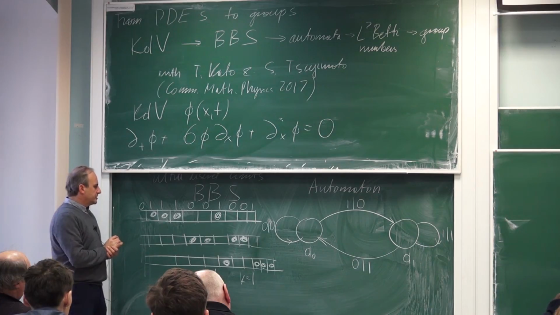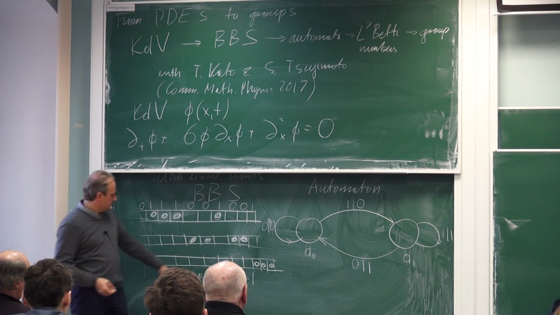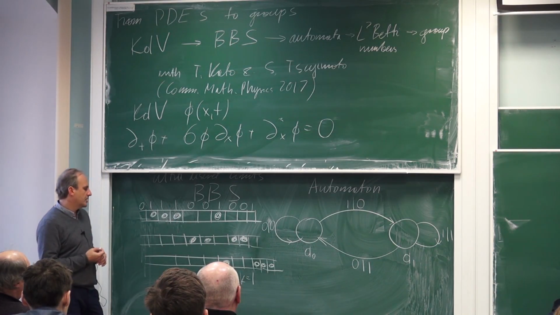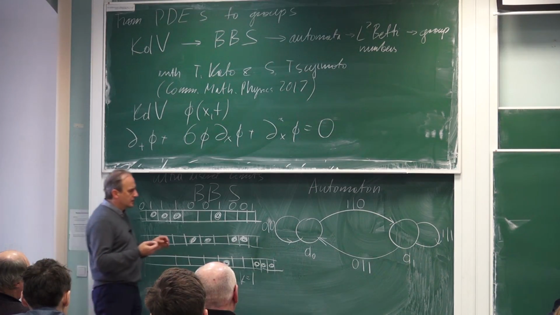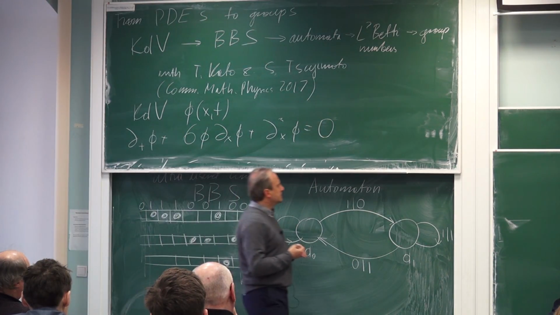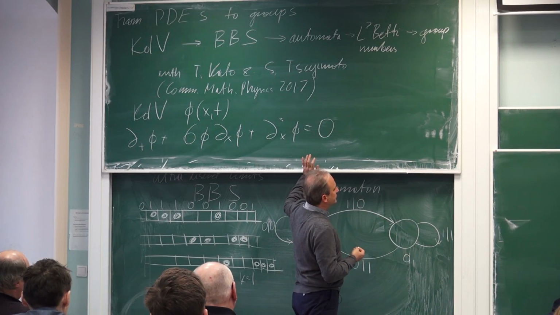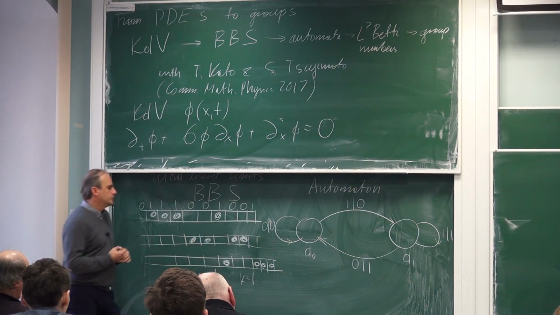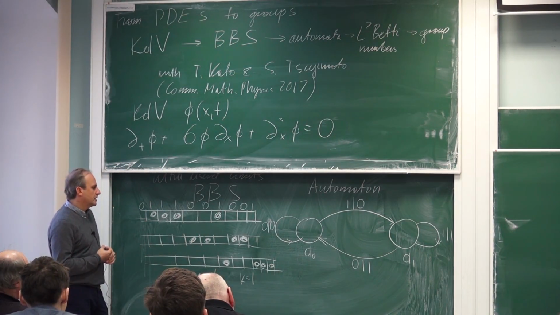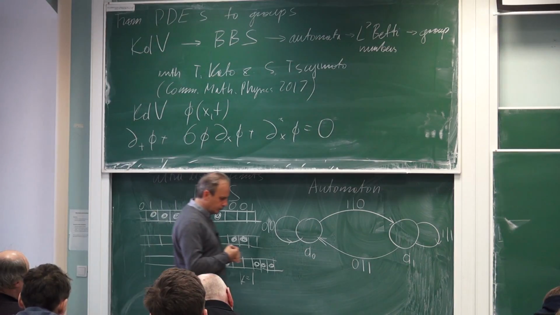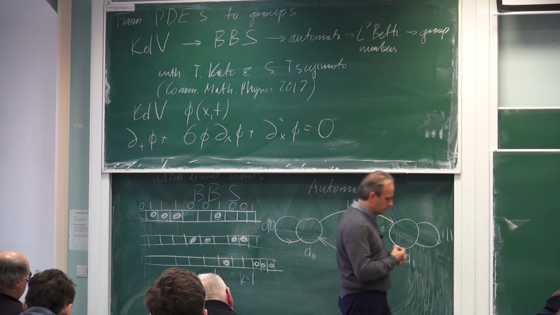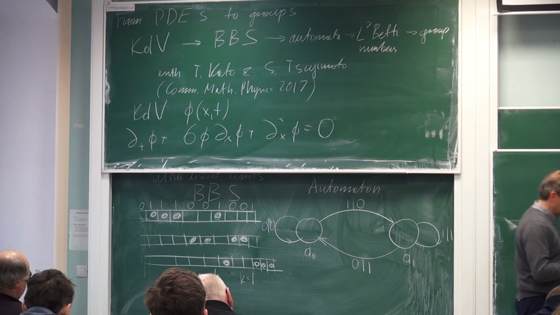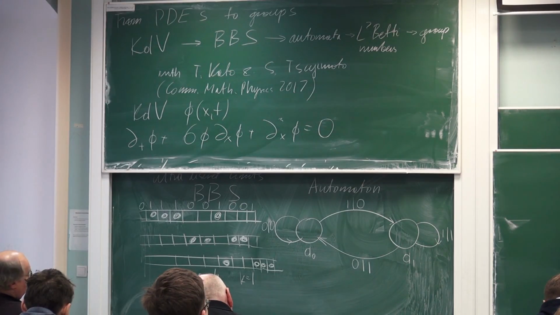And everybody can imagine the description of an automaton corresponding to arbitrary capacity. So it seems like a very easy observation. However, it's essential to see the relation to group theory, and we really exploit this remark, the fact that the evolution can be described by an automaton.